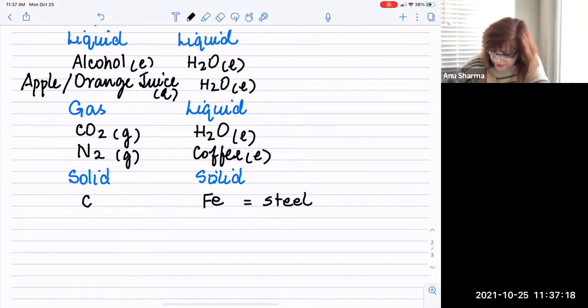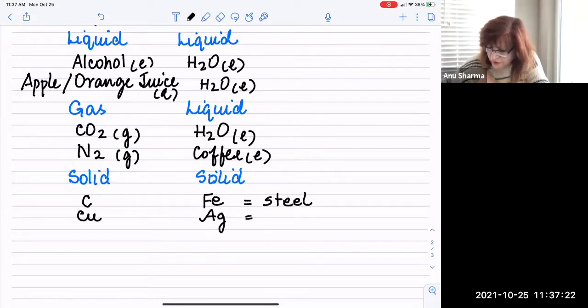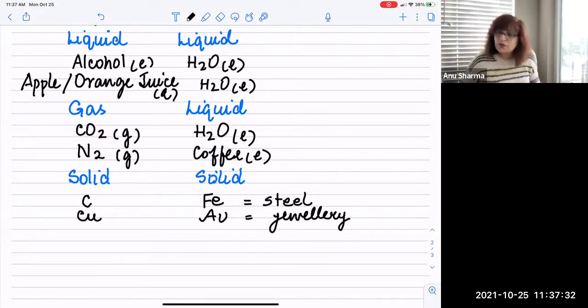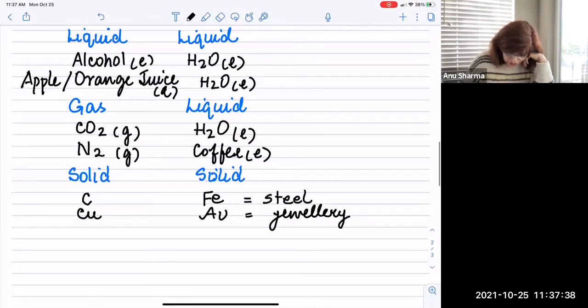A little bit of copper in a large amount of gold or silver gives you jewelry. Because gold is very soft and flows when melted, in order to hold the shape of jewelry, you need to add a little bit of copper. Okay, so that's one thing.